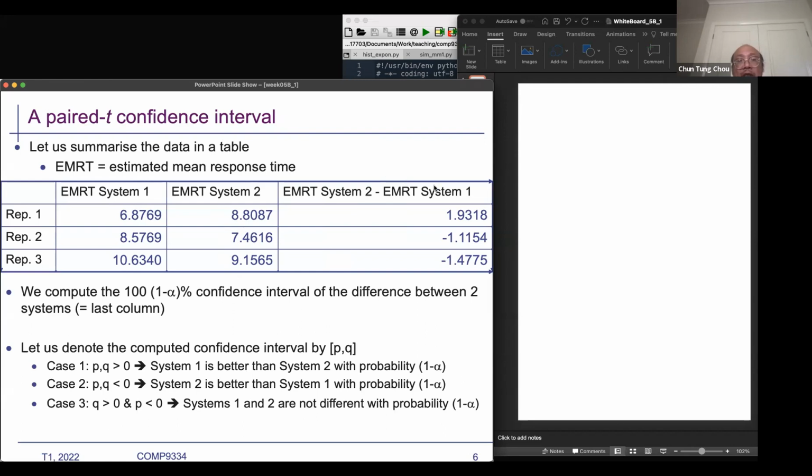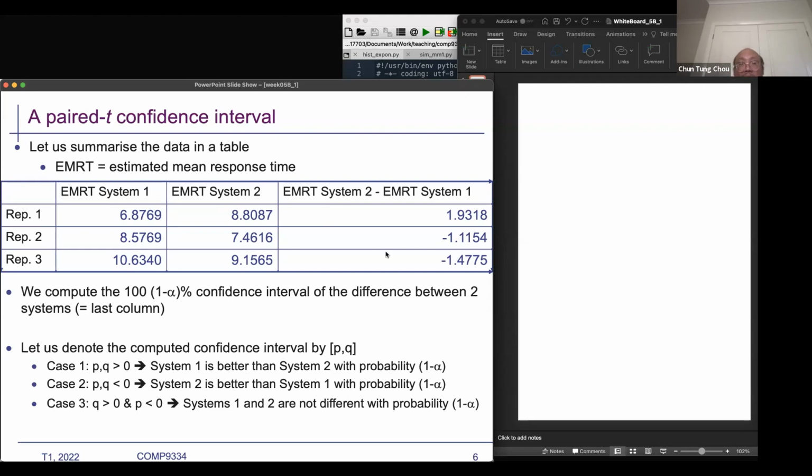We subtract the estimated mean response time of system 1 from that of system 2. So I take this number 8.8-something minus 6.8-something, and I get this number 1.9-something. Then I do the same calculation for each replication. And this minus 1.11 comes from 7.46 minus 8.57.